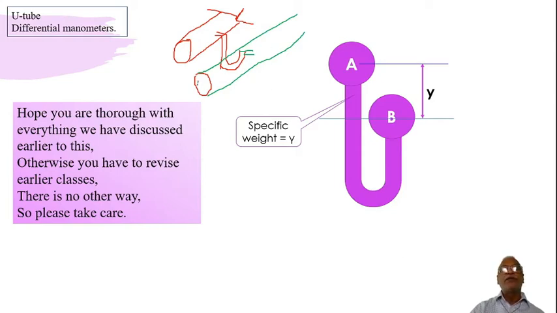This is pipe B, and this is pipe A. When you stand in front this way and try to see, you will see a circular section of pipe A, a circular section of pipe B, and there is a connection between pipe A and pipe B by a tube, which is a U-tube, and this itself is the U-tube manometer, right? Because of this arrangement, we'll be able to calculate the difference in pressure between A and B or B and A. Okay, we'll go further.